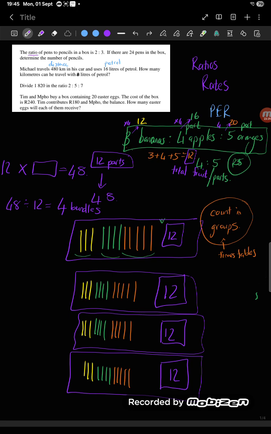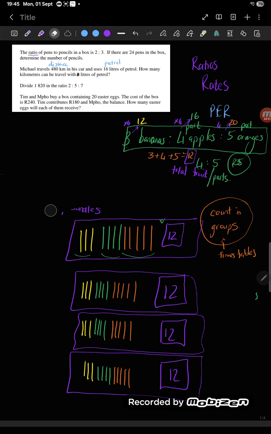So if I've got 48, I'm going to find out how many fruits total I have in that bundle and say 48 divided by that gives me what I times or divided by to get to the big one. Now, let's do something very easy.